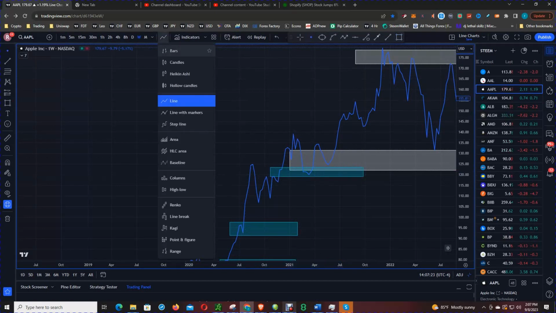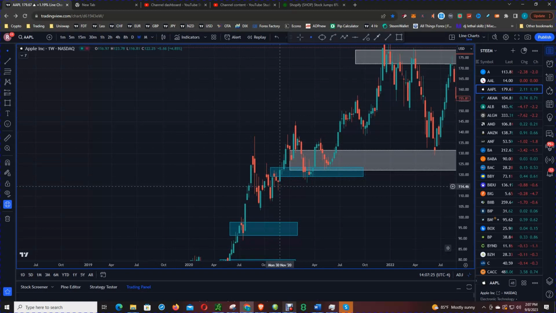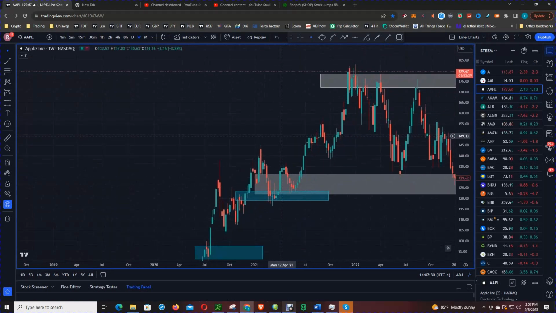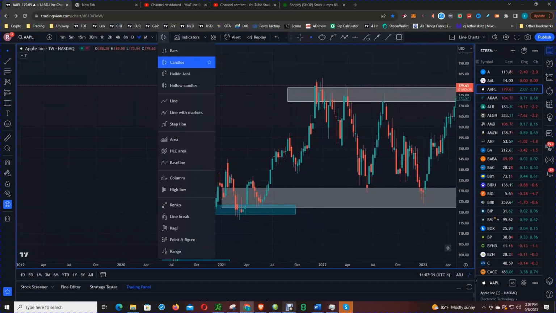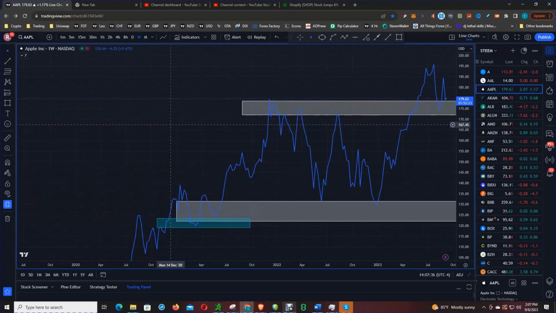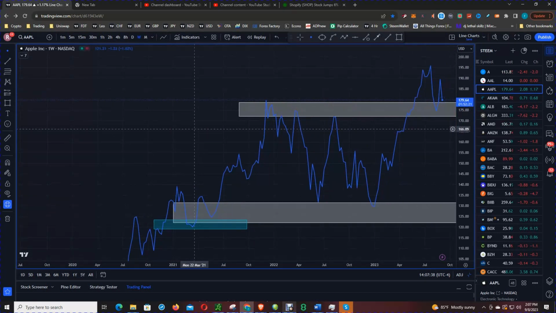Let's put on the candles. Okay, rally, base, rally. Pulls back. That worked out. Rally, base, rally, base, rally. So two zones.